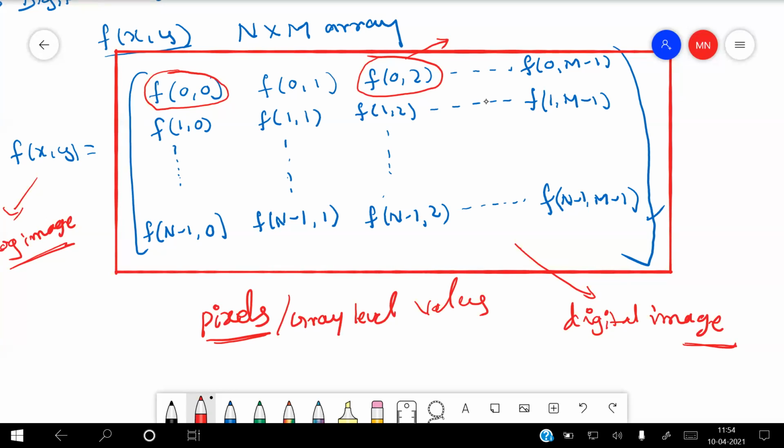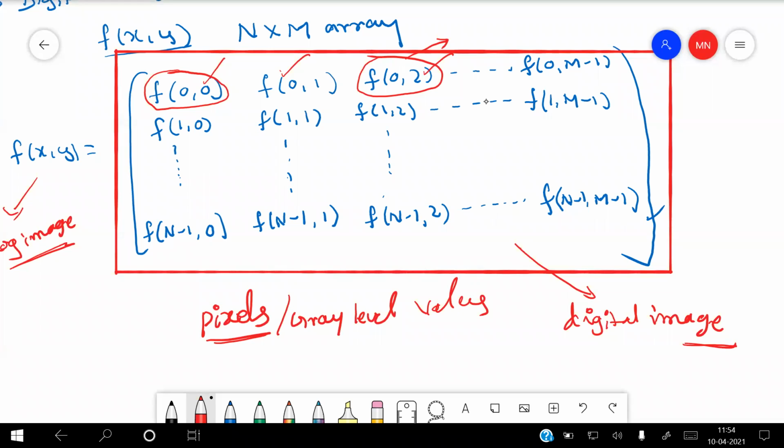So this is the first pixel value, second pixel value, third pixel value, like that. All these elements in the digital representation are called pixels, or picture elements.